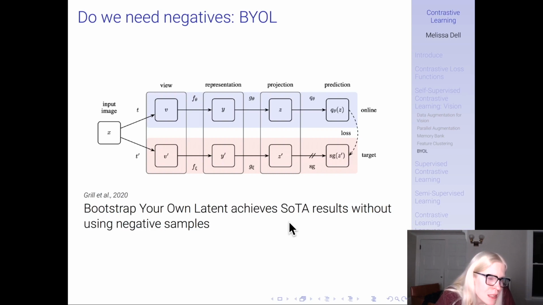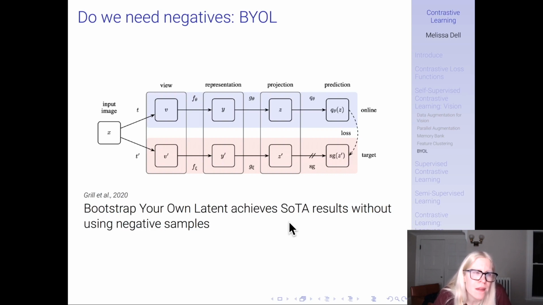And then they pass those through encoders, which they call the online encoder, represented by f of theta. Think of that like a ResNet. And then they have this f of xi, which is the target encoder. And that creates representations y and y prime. And then they project that, just like we saw previously, down into a lower dimension.